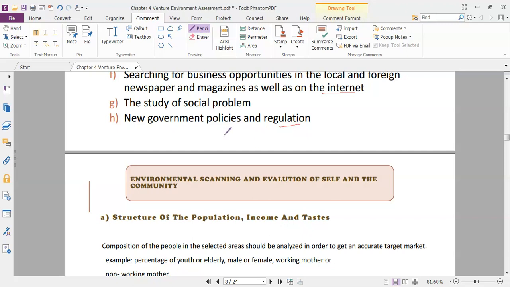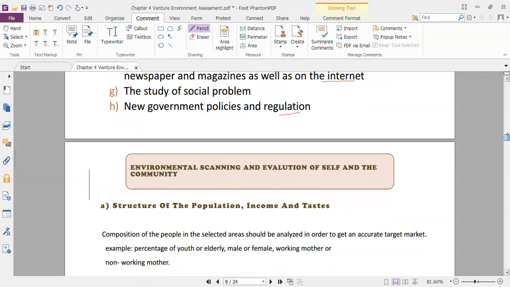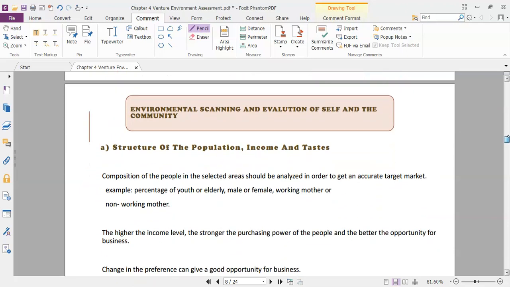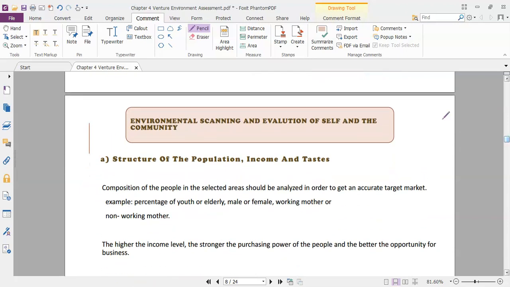Those are some of the new or current policies stated by the government and also the state government. So we need to know before we establish the business.